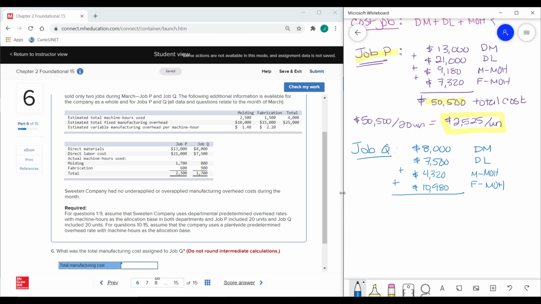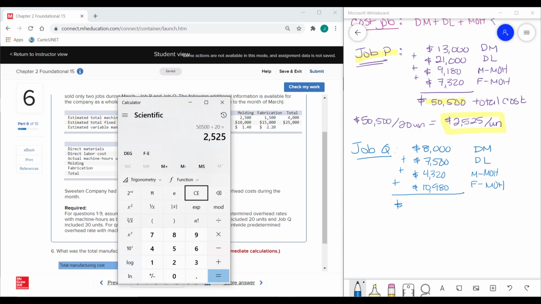So we're going to add all of these together to find out what the total cost was of manufacturing job Q during the month of March. So we'll take the direct materials plus the direct labor plus the $4,320 of overhead applied from molding and the $10,980 of manufacturing overhead applied from the fabrication department.